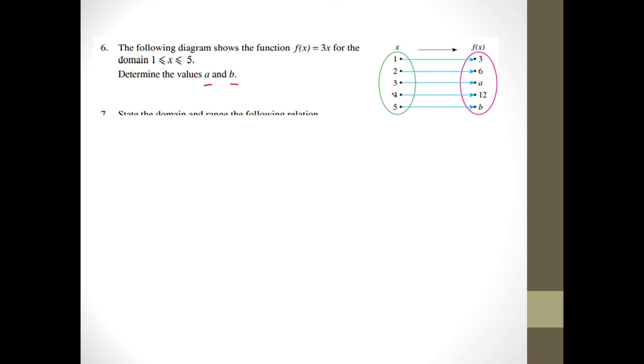For the object 3, after you multiply by 3, a equals 3 times 3, which is 9. We use the formula 3x. For b, it is 3 times the object 5, so we get 15. So this is the answer for question 6.